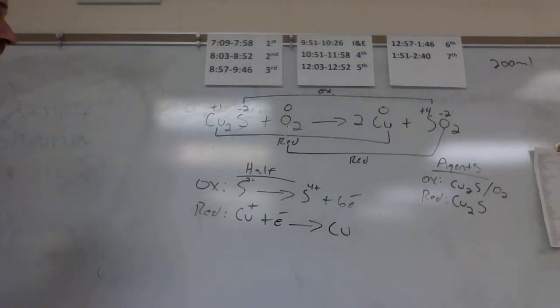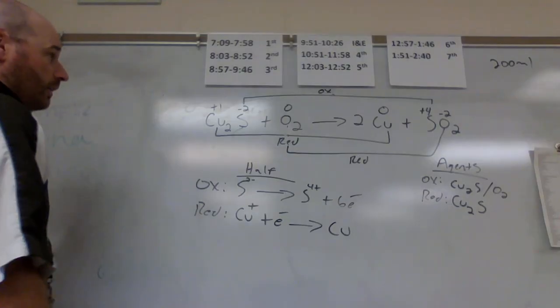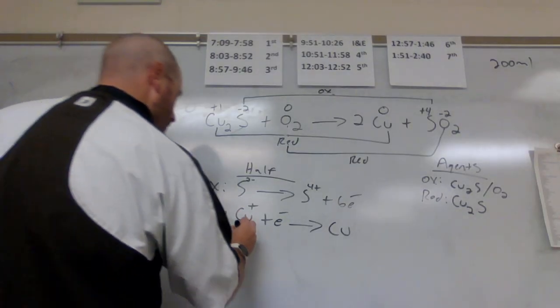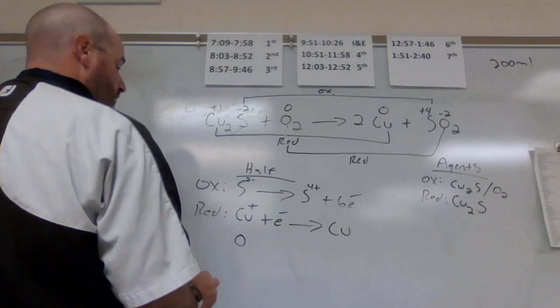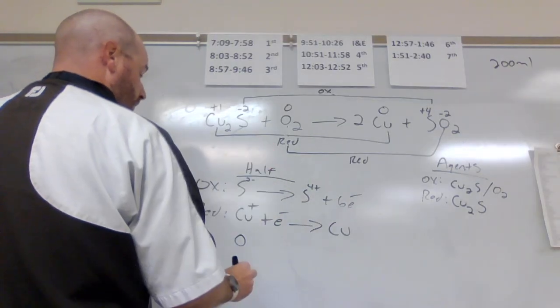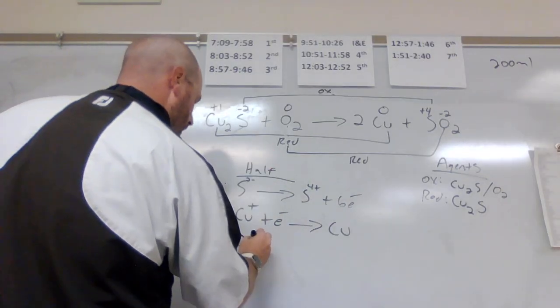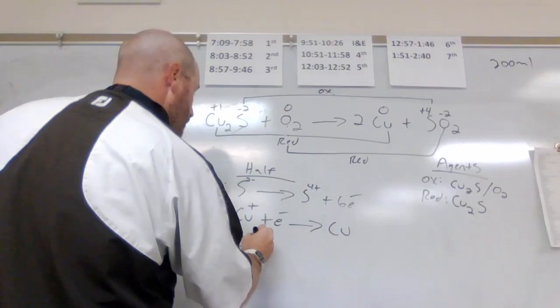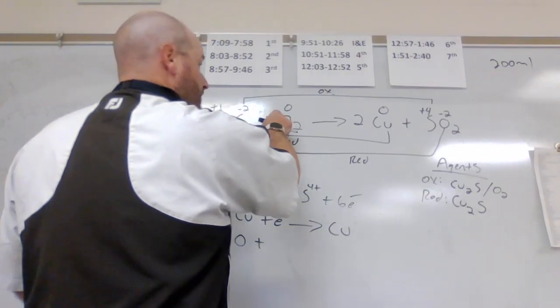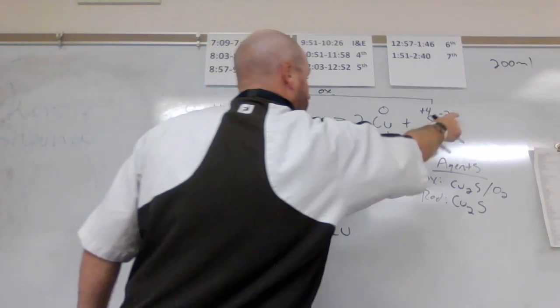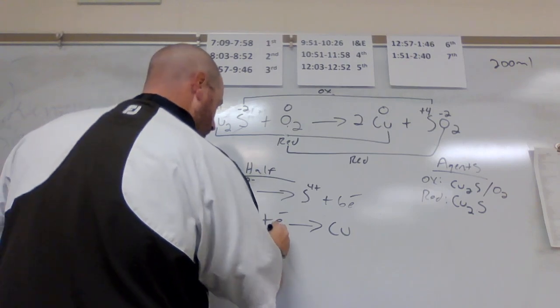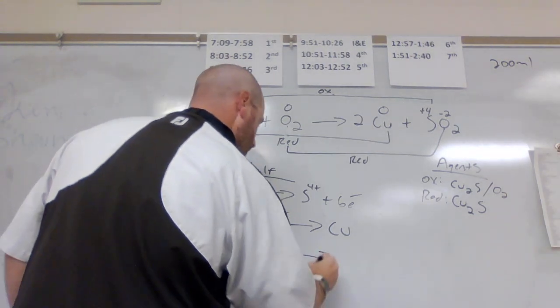Our next reduction is oxygen, going from neutral to -2, so we're going to be adding 2 electrons.